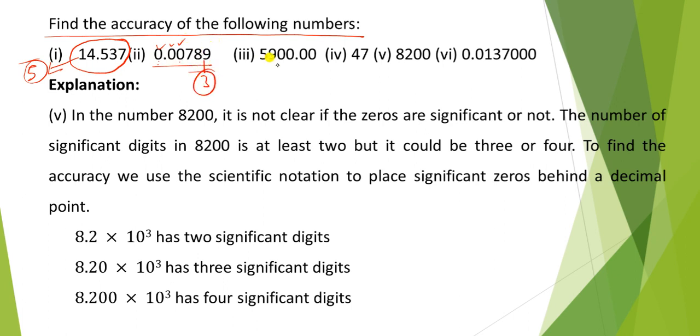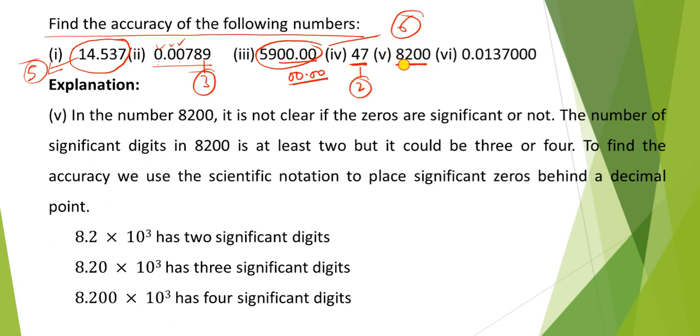Now 59,100.00: the 0.00 are significant because these zeros are trailing zeros and trailing zeros are significant, so this number has 6 significant digits. Now 47 has only 2 significant digits.